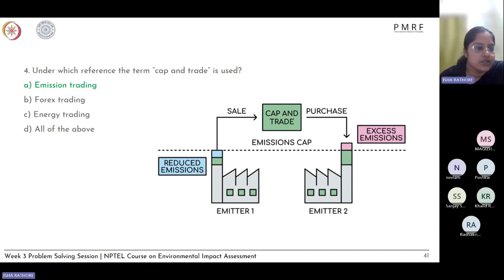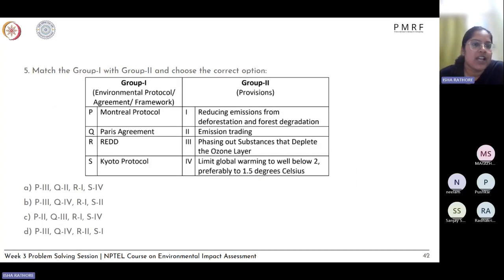Okay. So moving on, match group one with group two and choose the correct option. In group one, we have the environmental protocol or agreement or framework, and in group two, we have the provisions which were discussed in particular protocols or agreements or frameworks.